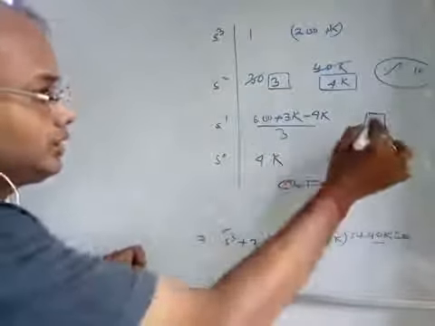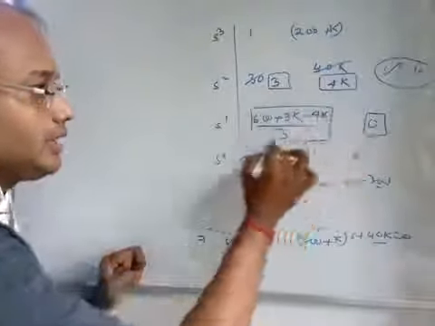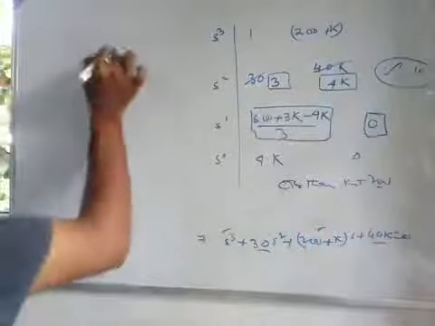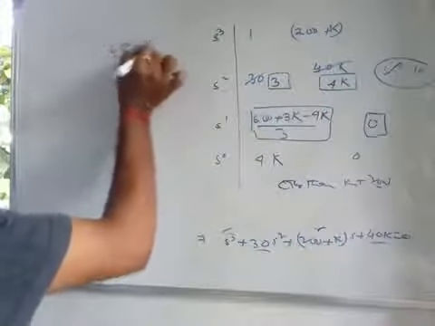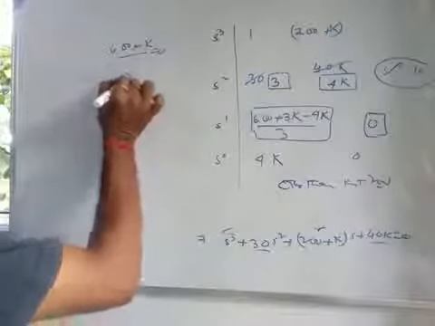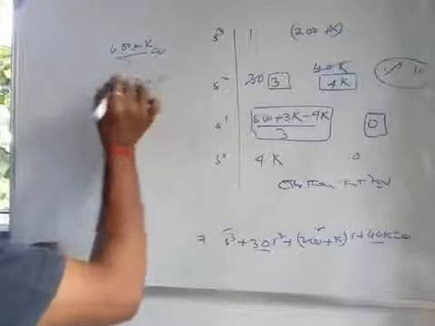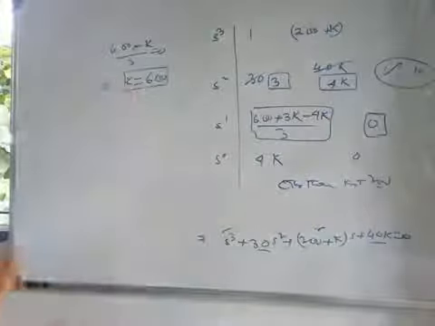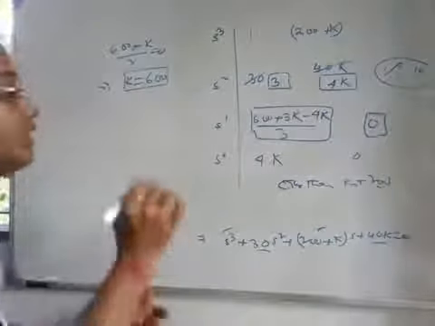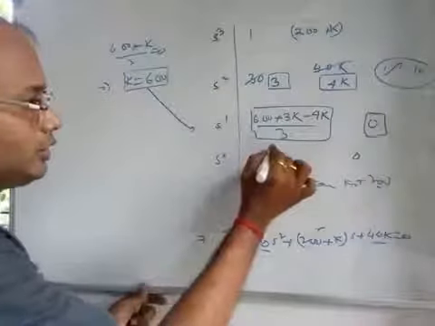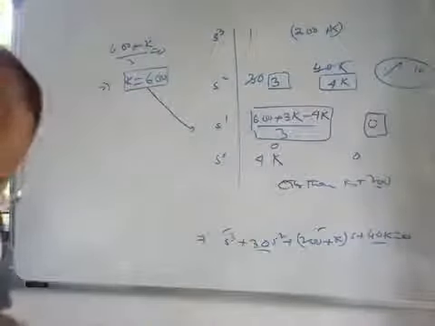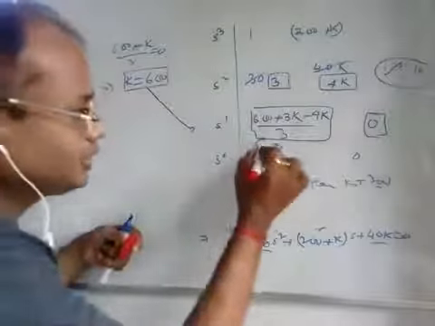So we make this equal to 0. If you make this equal to 0, that means (600 minus K) by 3 equal to 0, you get K equal to 600. The value of the gain can be adjusted to 600 such that the system will be marginally stable. And if the value of K is equal to 600, all the elements become 0.